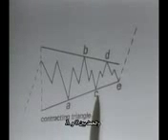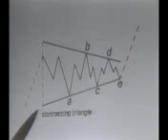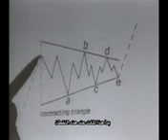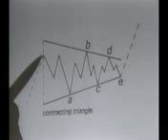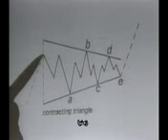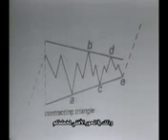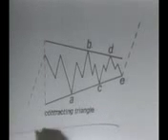In a contracting triangle, the thrust measurement is obtained by extending the two trend lines that you've drawn, line BD and line AC, back to the point time-wise where the triangle began. This triangle began at this point, time-wise, on your horizontal axis on your chart.